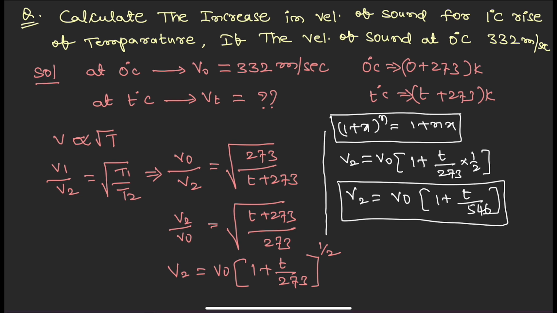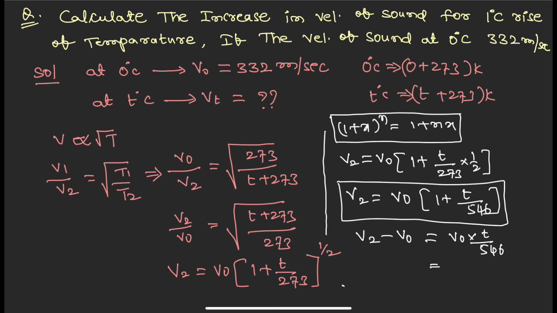Finally, V2 minus V naught is equal to V naught into T by 546. This is the increase.